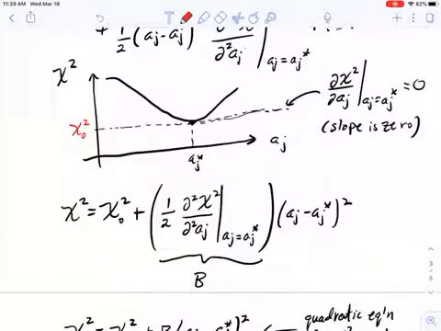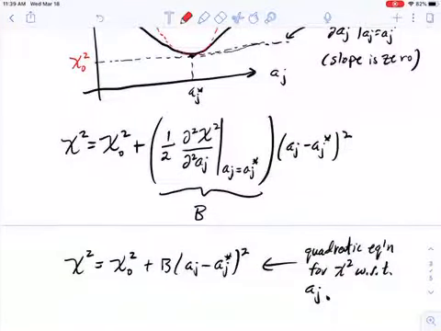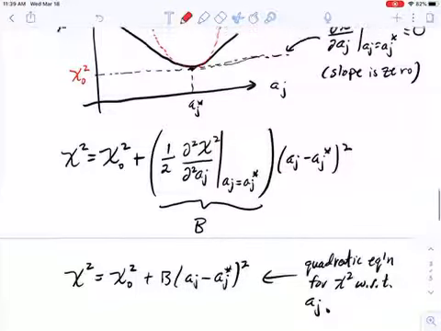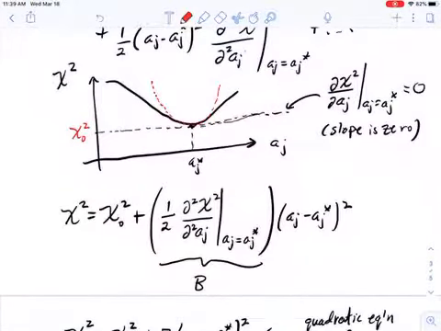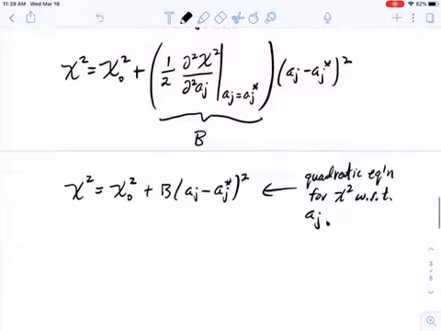What this is really saying is that very close to the minimum, the shape of our chi-squared should look like a parabola. The minimum point of the parabola is at chi0 squared, and then b is this parameter that tells us how steep the parabola is. How quickly does chi-squared increase as we move away from the minimum?